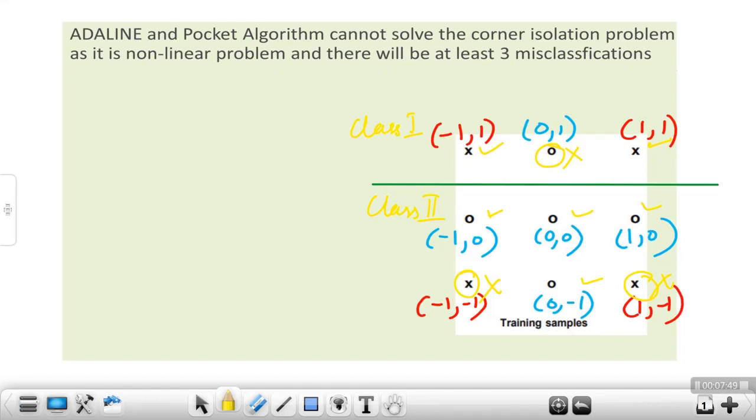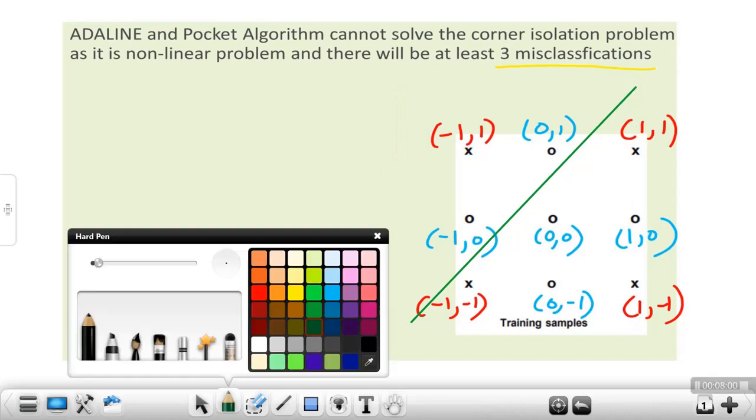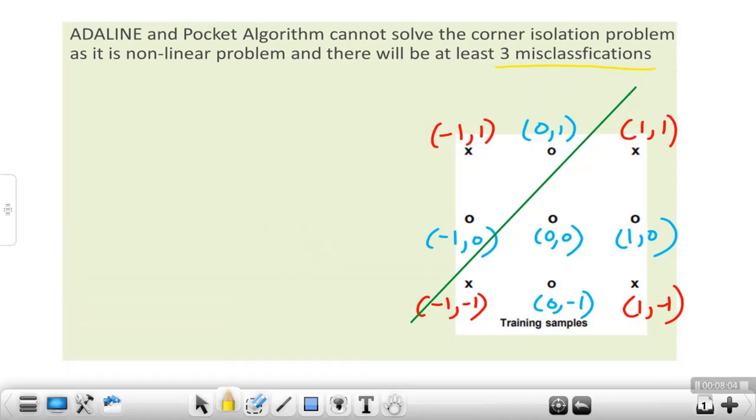On the other side of the line I say it is class 1, because the majority of the samples belong to class 1. So at this time I will have this pattern misclassified, this pattern misclassified, and this pattern misclassified. So at any time there will be at least 3 misclassifications.